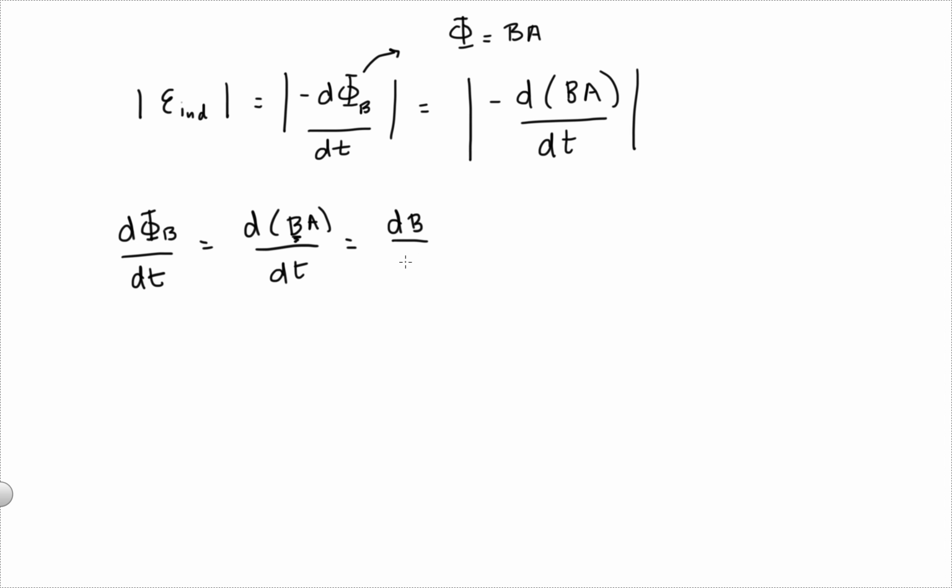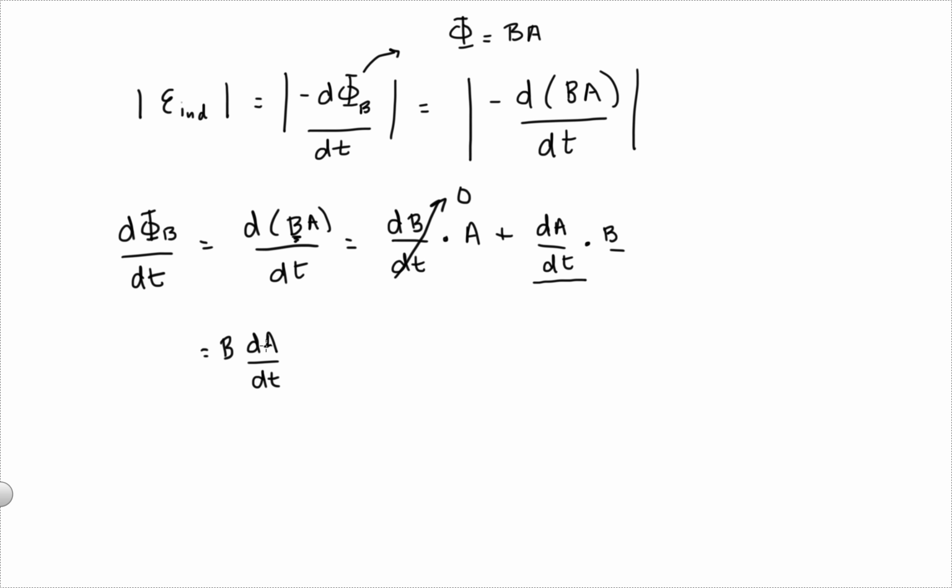So dB/dt times A plus dA/dt times B. The magnetic field is not changing with time, and so this term is a 0. And dA/dt, well, that for sure is changing with time, and our uniform magnetic field is just a constant. And so this ends up being B times dA/dt.